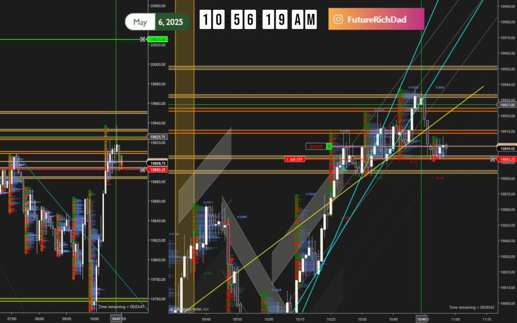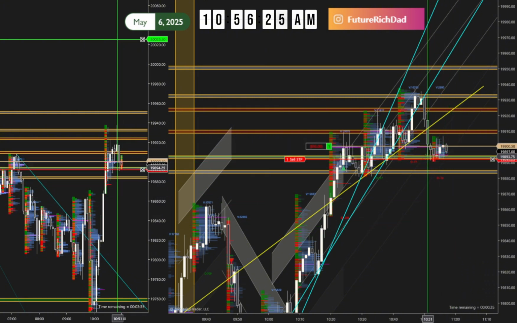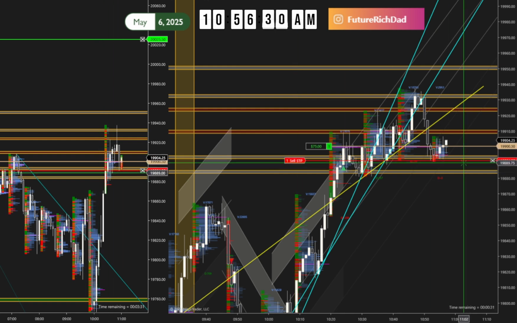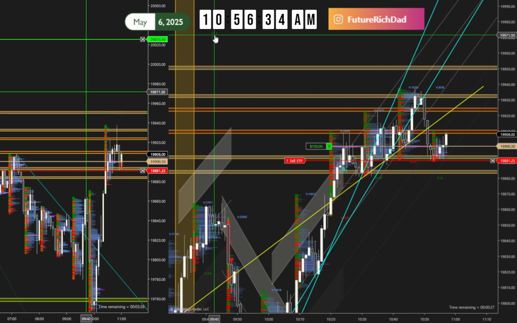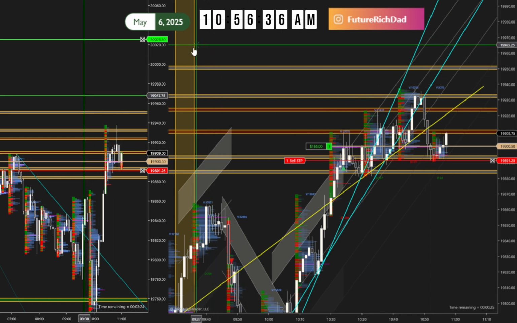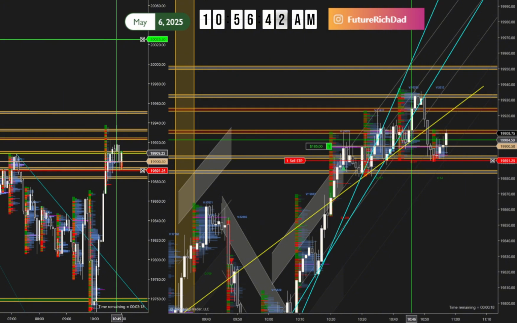And we will see where this next candle takes us. About 30 seconds and we are in this volume cluster, so let me move it away from that volume cluster.